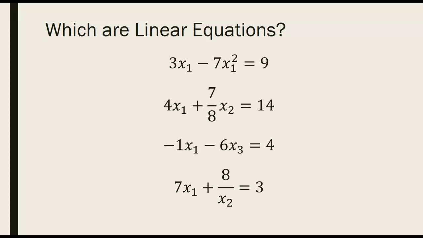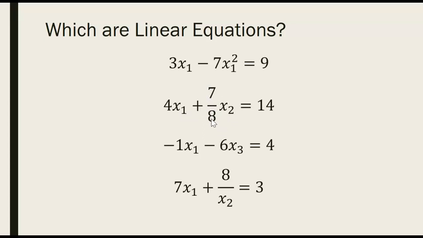But I want you to look at this first equation. First equation, we have an x1 and then an x1 squared. So because we have a squared component to one of our variables, it is not linear. So squared component, not linear. Here, like I said, our coefficients, 4x1 plus 7/8 x2.